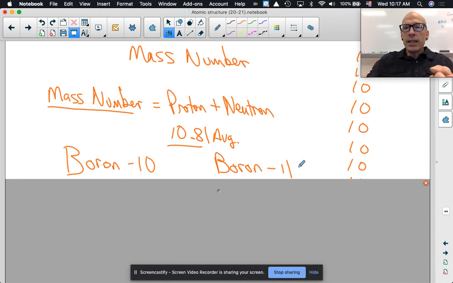Well, the 10 and the 11 are the actual mass numbers. So there are boron atoms that have a mass of 10, and there are boron atoms that have a mass of 11. The average mass for boron is 10.81.